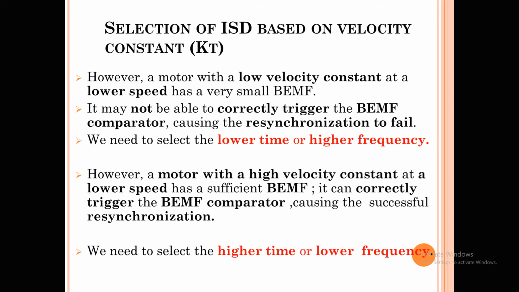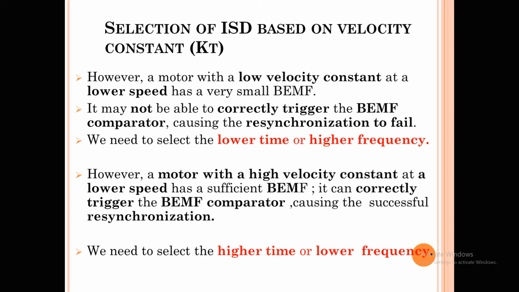Why are we doing this? Usually, consider two different cases when your motor is running at lower RPM: first, the motor having a very high RPM, and second, the motor having very low RPM, where the motor velocity constant has a lesser value.